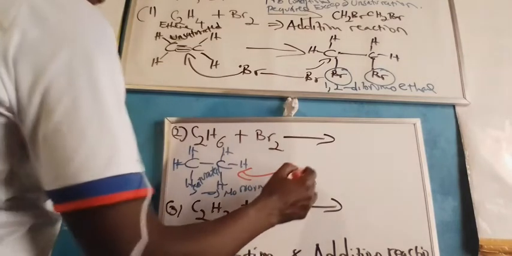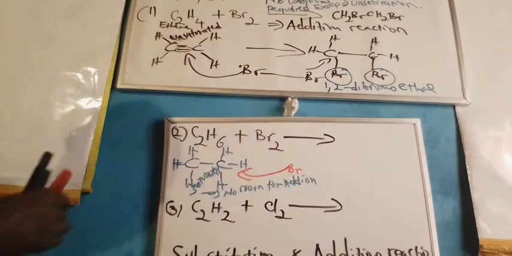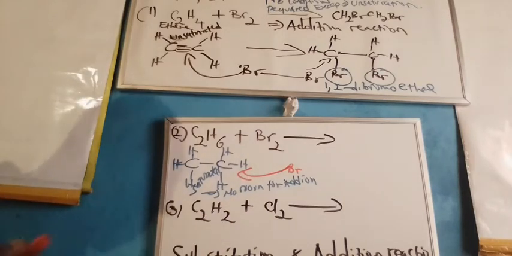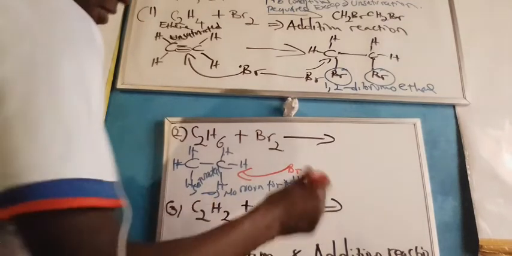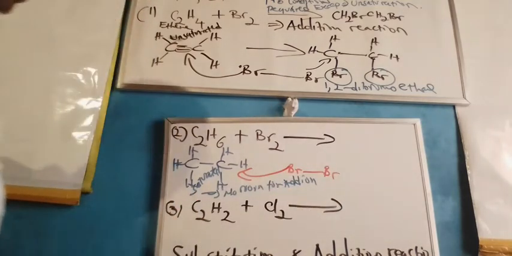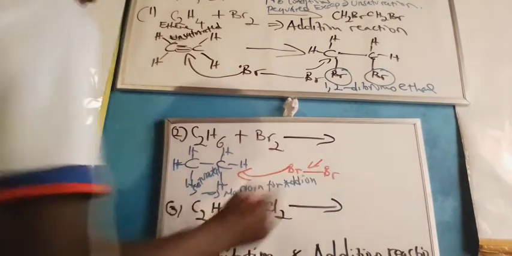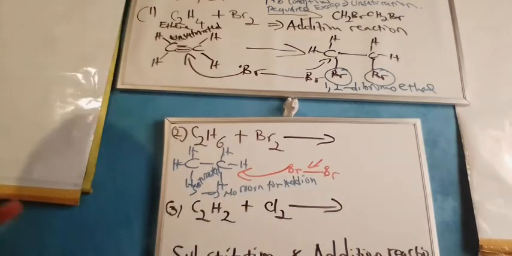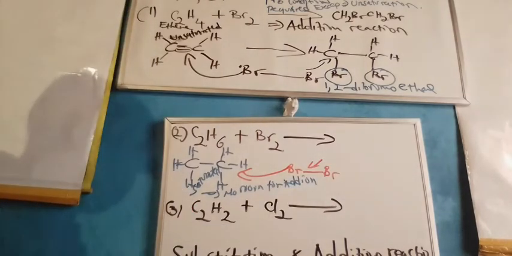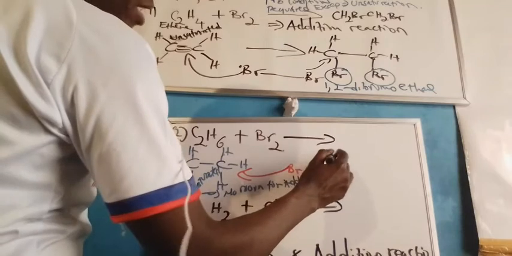In this case, we have bromine, and bromine is in molecular form, which means it is inert. The prerequisite, therefore, is that we must have ultraviolet light. And the ultraviolet light will have the role of breaking the bromine to bromine bond. So that is UV light.